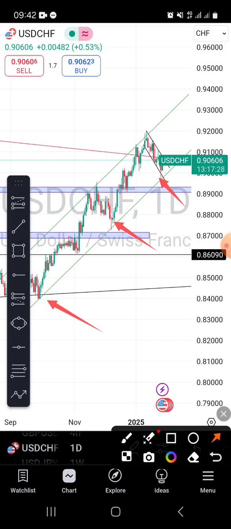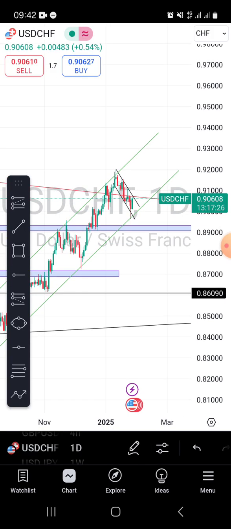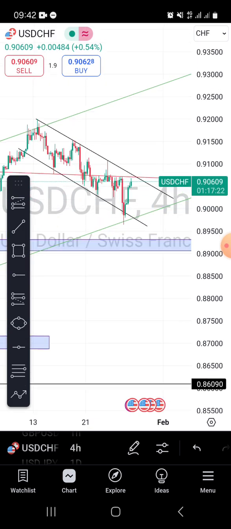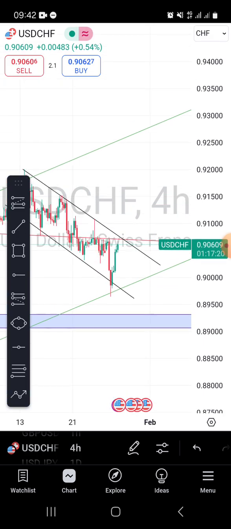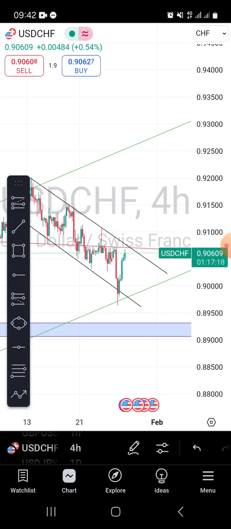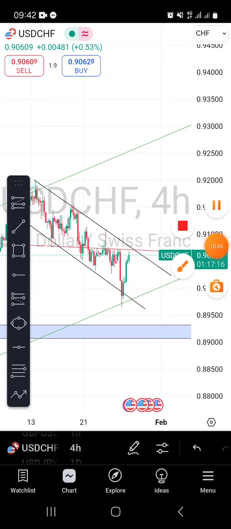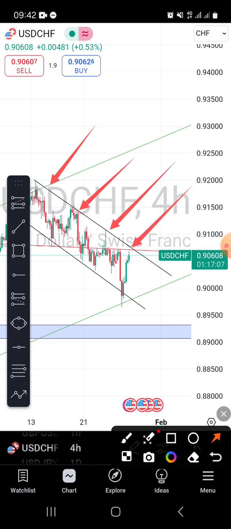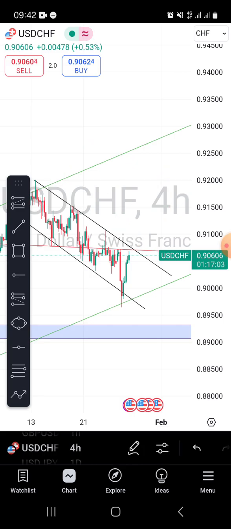However, we can't neglect this downtrend channel on H4. You have seen price reacted to this three times. The first time, the second, the third, and possibly the fourth. So any reaction here, you might see markets.